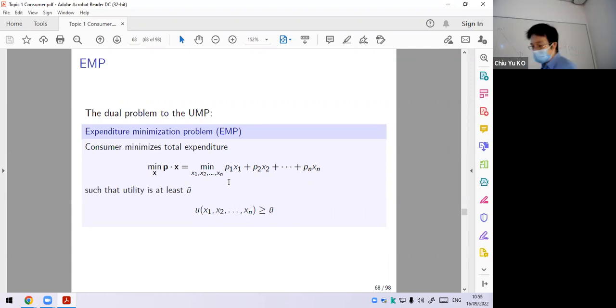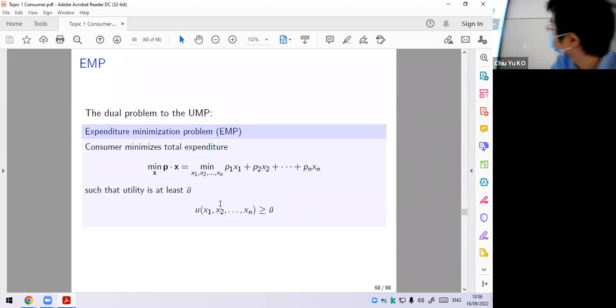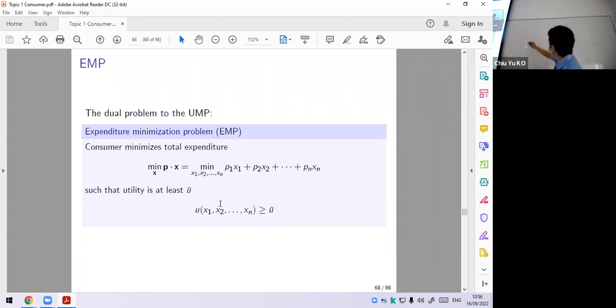It's nothing deep. Just graphically, if you see this diagram, you will know. Let me draw a picture here, then you will see this is very trivial. Hopefully you can see x1 and x2.